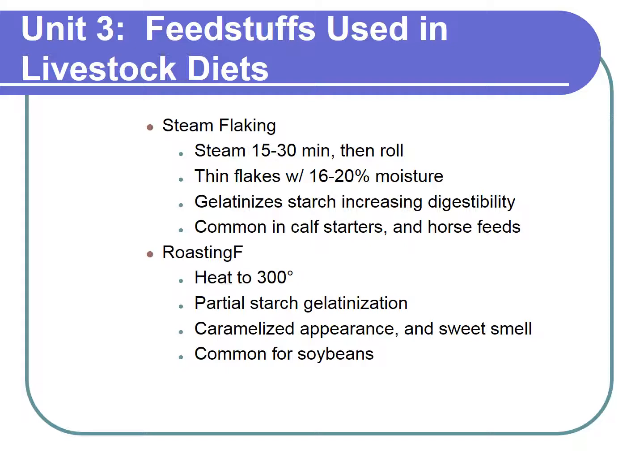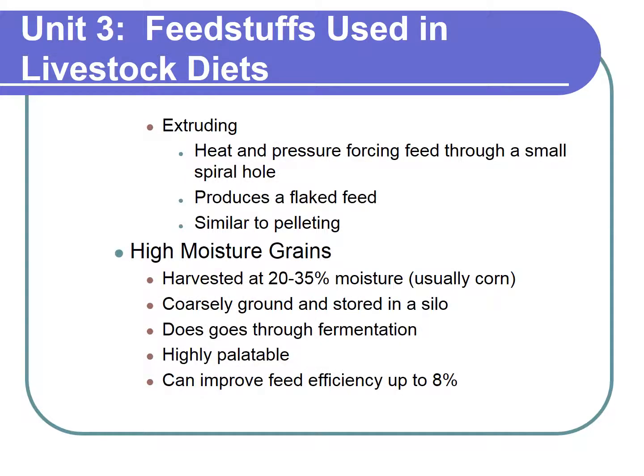It kind of makes the starch into a little bit of a gelatin, which makes your feeds much more digestible. Very common in your calf starters, for example, and you'll find it in some of your horse feeds and so forth. Makes for oftentimes a very sweet smelling feed.